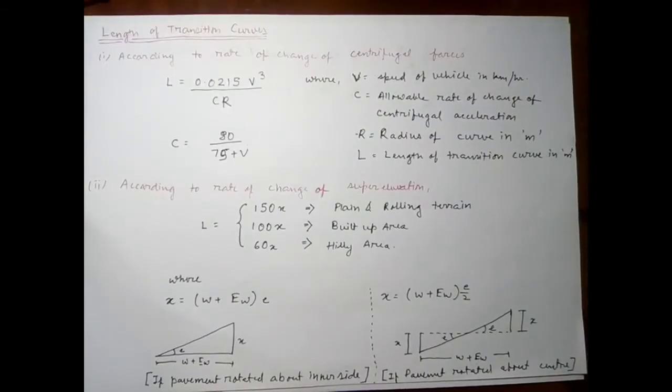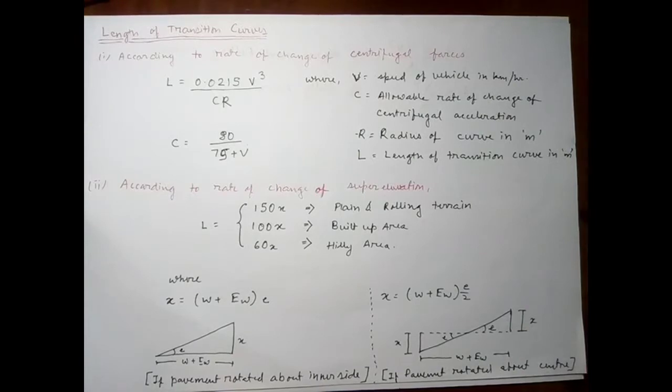Before moving on to the next question, I would like to tell you the formulas for length of transition curves, because this part has been missed in the theory. So I would like to tell about the formulas before we proceed to the problem, because the next question will be related to transition curves.